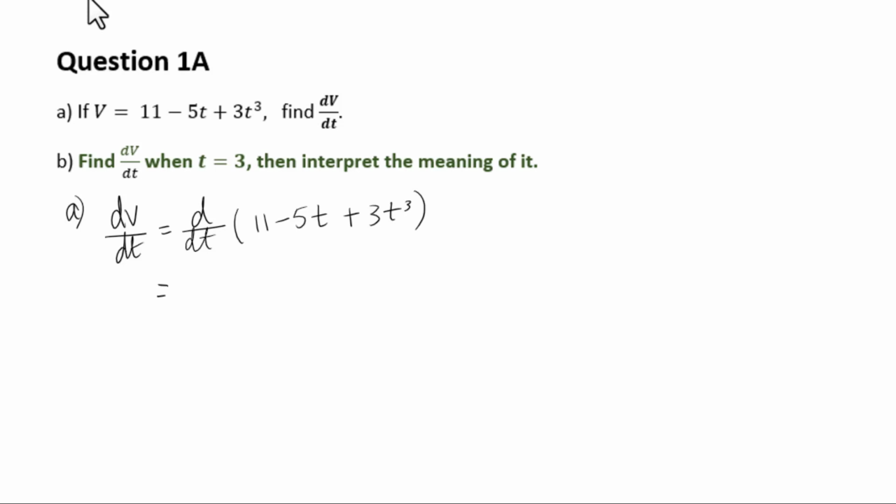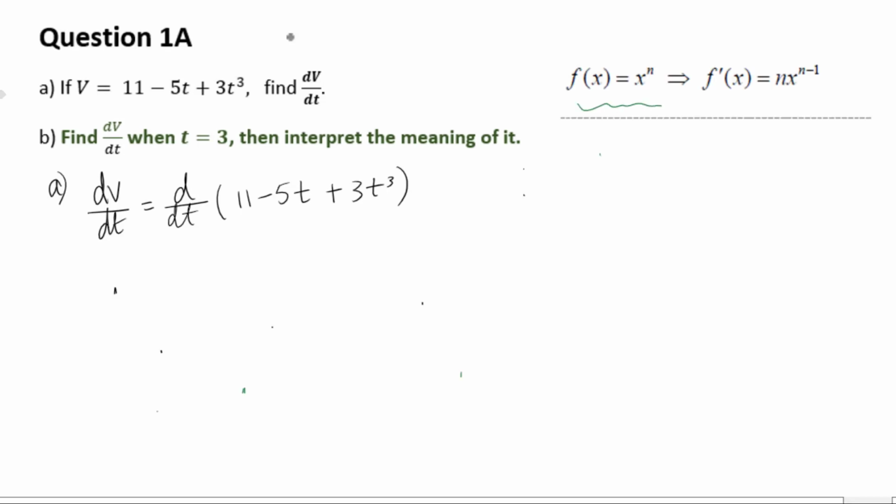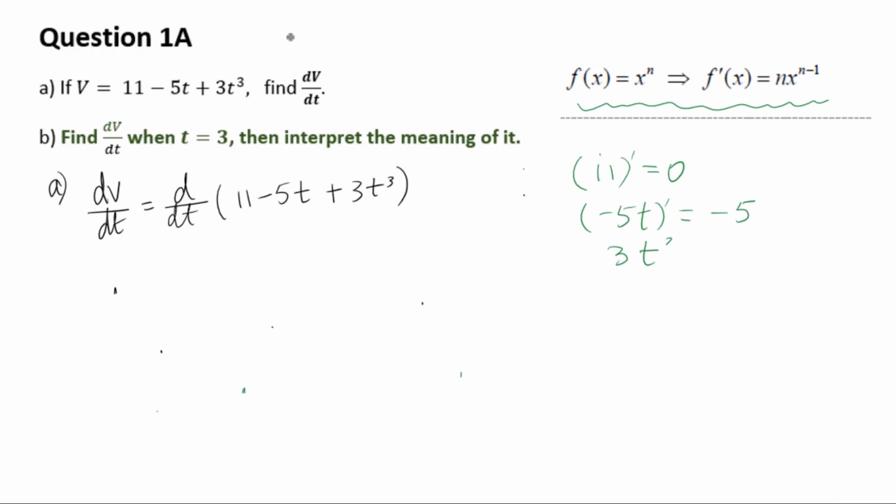That equals, according to the power rule of derivative, 11 prime equals 0, negative 5t prime equals negative 5, 3t to the third power prime equals 3 times 3t squared.